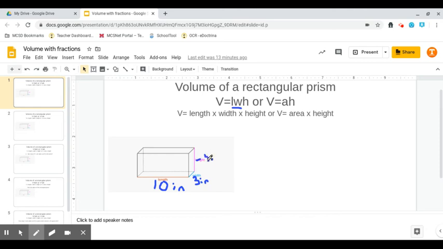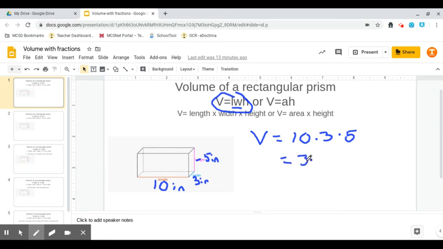And this height is 5 inches. We have a length, a width, and a height, so we're going to use volume equals length times width times height, because that's what they've given us. So my length is 10, my width is 3, and my height is 5. So I have to multiply 10 times 3 times 5.